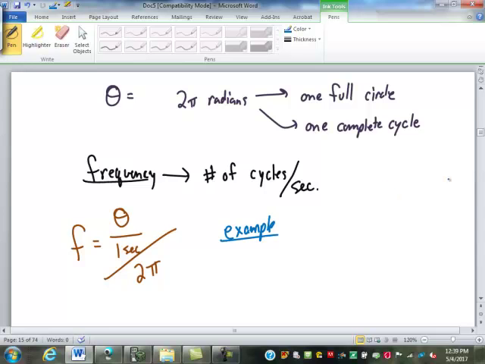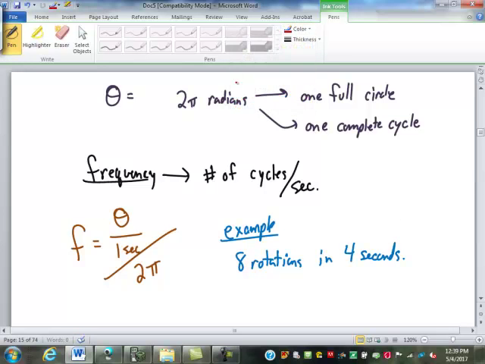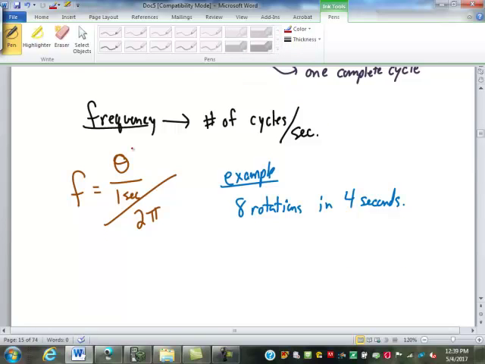For example, if we have an object that is rotating 8 rotations in 4 seconds. 8 complete rotations. Now that's an alternative. I didn't put that alternative up here. This is dividing by the 2 pi is getting how many rotations.